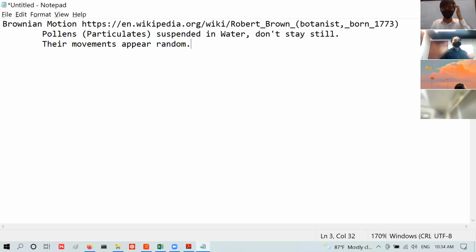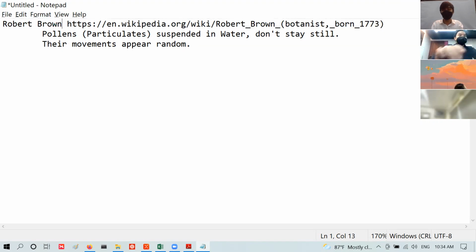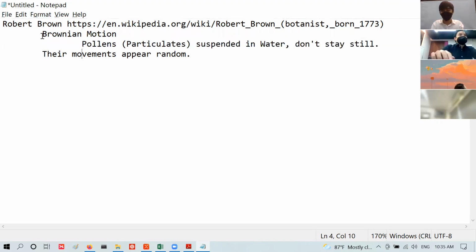Anyway, so the first guy is Robert Brown. So Brownian motion. So who next do you want to look at? The next character who comes in is Albert Einstein.